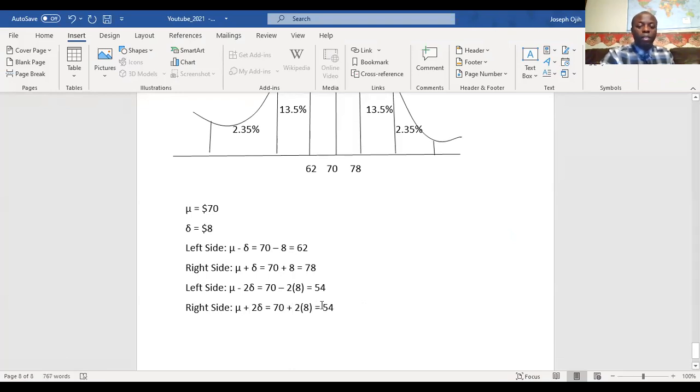The answer we got from the calculator, in decimals, is $86. So that means for two standard deviation, the left side is $54.